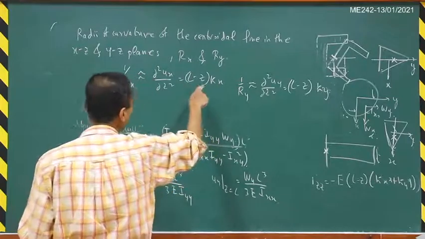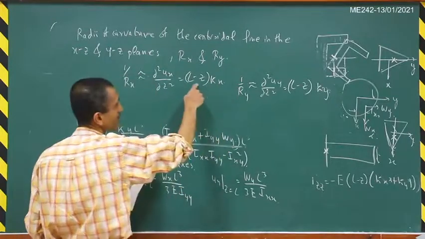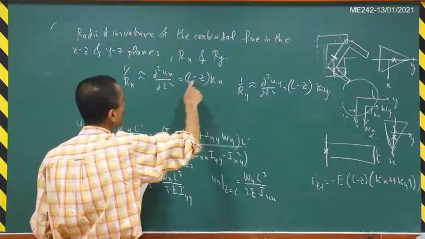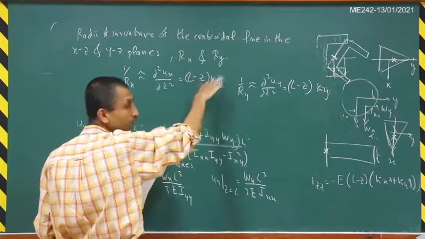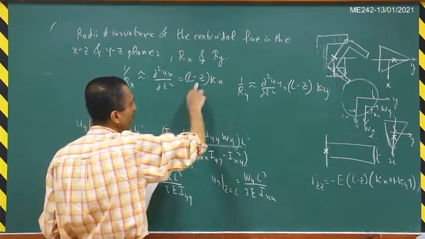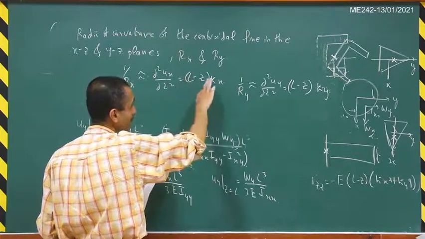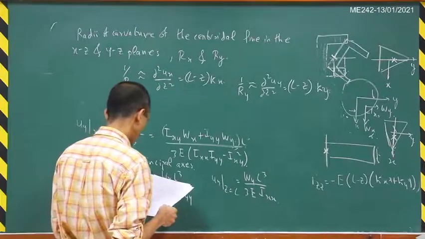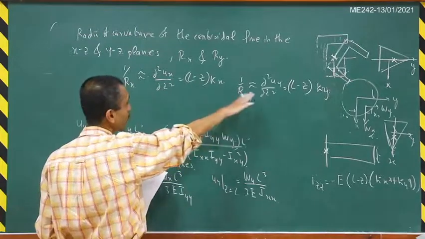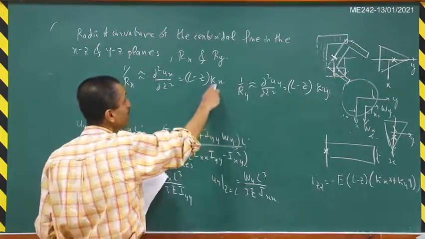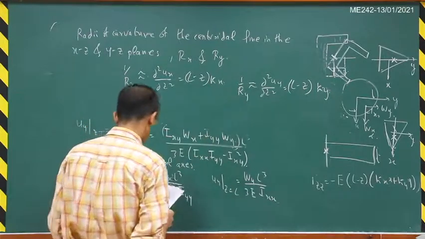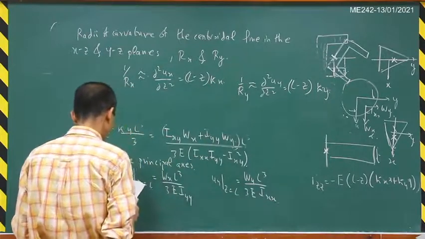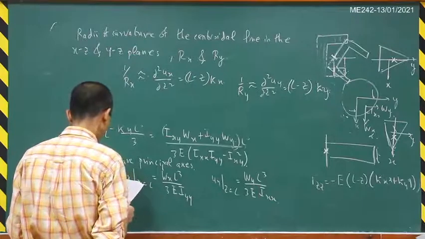It is not exactly the curvature because there is this factor of L minus Z, but it is proportional to the curvature. If you do not consider this factor L minus Z, then it is exactly like the curvature here. So these formulae justify the use of the terminology kappa x and kappa y, because they are proportional to the curvature.